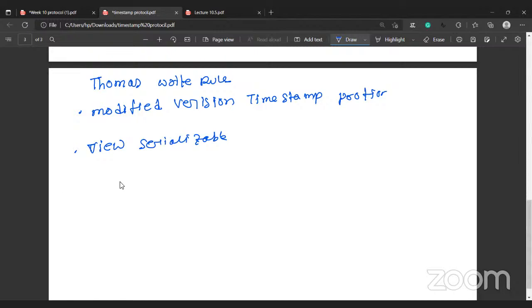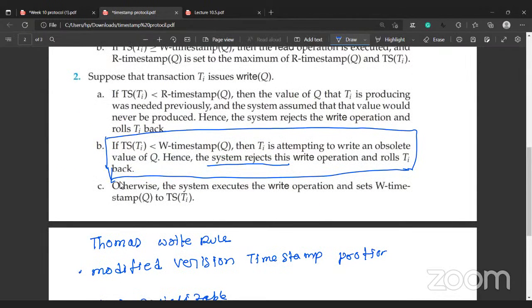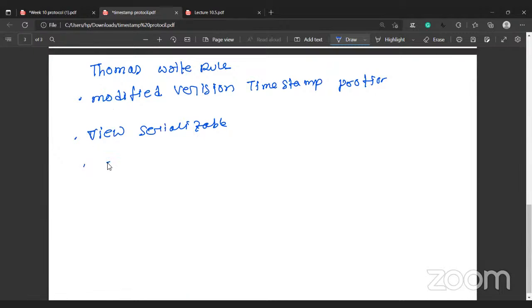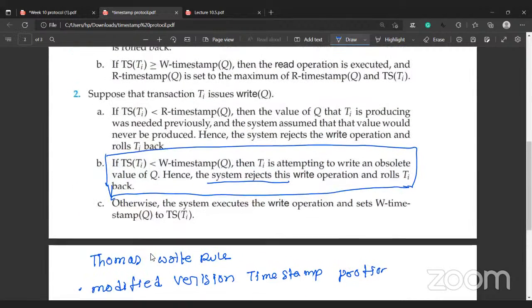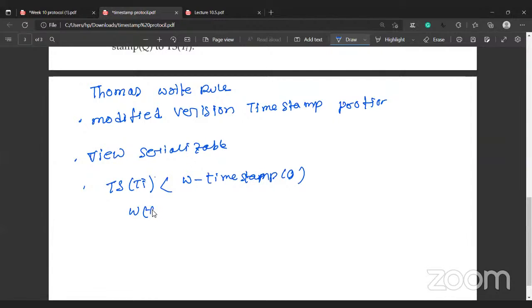Everything is the same, but if the transaction timestamp of Ti is less than the write timestamp of Q, then the write of Q will be ignored and we move on.